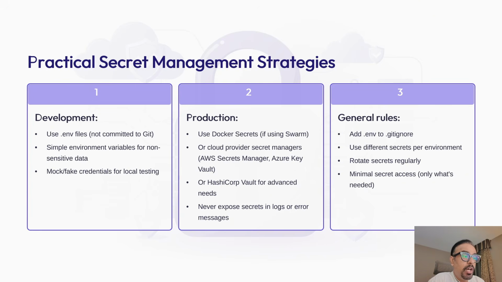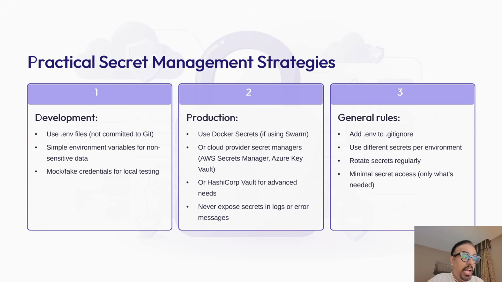For production, the approach depends on your infrastructure. If you are on AWS, you can use AWS Secrets Manager or Parameter Store. If you are on Azure, you can use Azure Key Vault, where you can save your sensitive credentials. That is better than having that in an environment file, specifically for your production environment. I'm not talking about development, but production. Third, if you are on Google Cloud, it also has a Secret Manager.